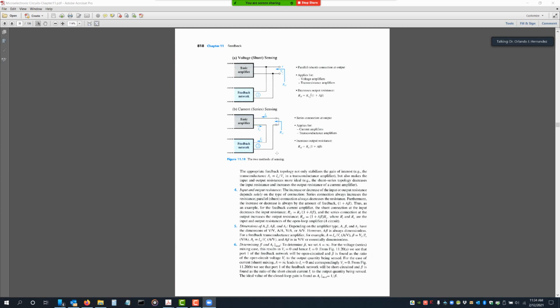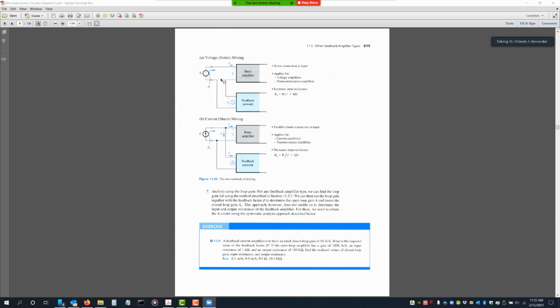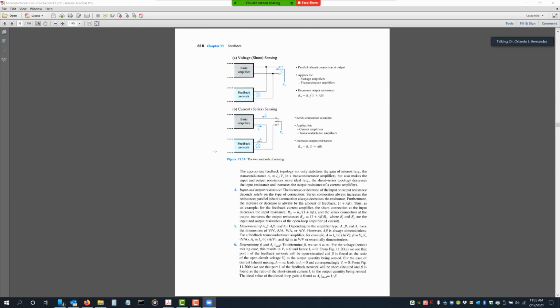And then the next picture shows the two methods of coupling. So you can have voltage or series mixing, or you can have shunt or current mixing. So those two pictures give you all the types of sensing, and also something that is nice. So these two pictures are very important to comprehend the overall strategy of how you do sensing and mixing for feedback topologies.